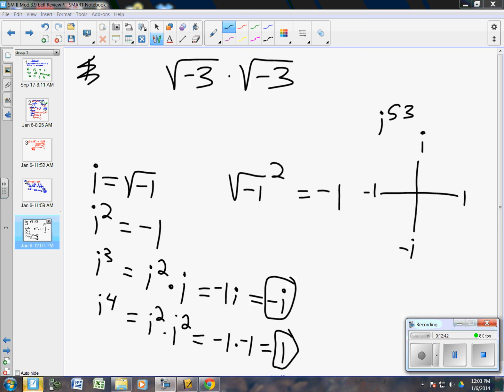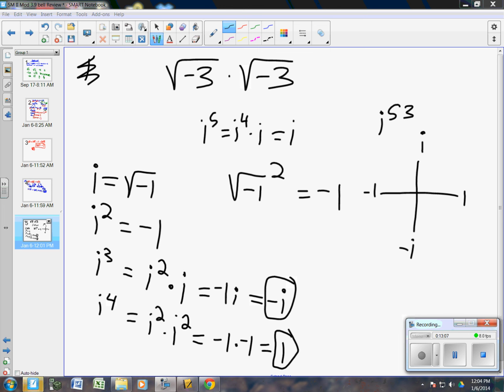Because if I had I to the 5th, let me just show you really quickly. I to the 5th can be I to the 4th times I, right? And I to the 4th is what? 1. And 1 times I is I. So I to the 5th is the same thing as I. I to the 6th would be the same thing as I squared. I to the 7th, same thing as I cubed.